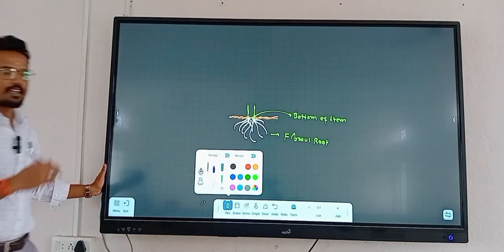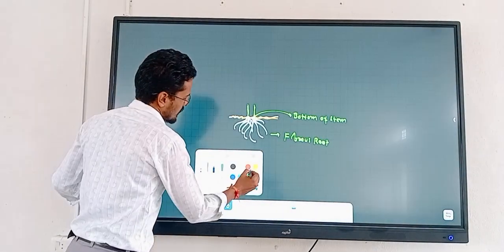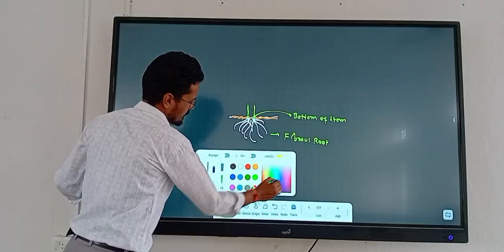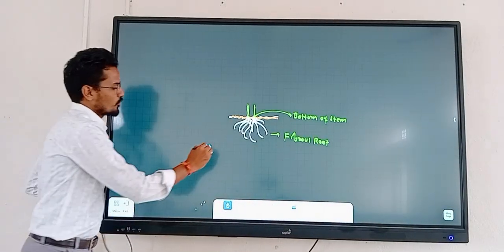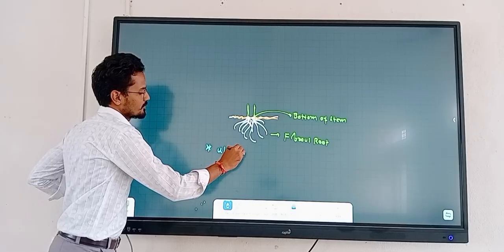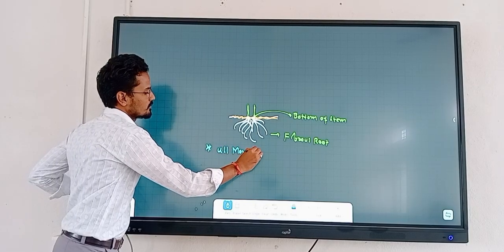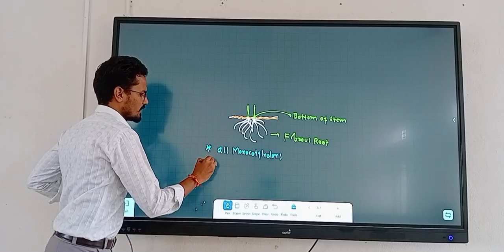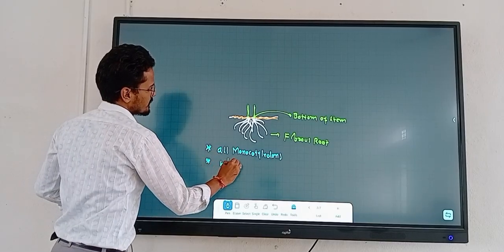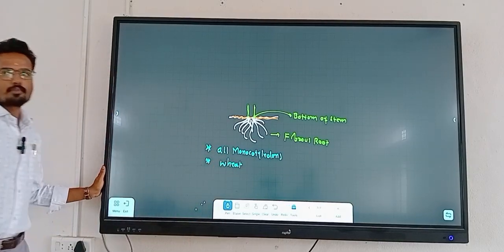Next we will see another type of root system. Examples for this are all monocotyledons. In your book they have mentioned wheat as an example.